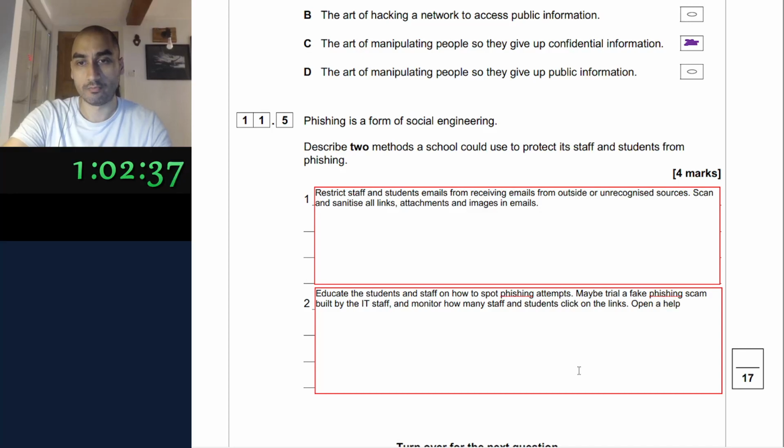Open a helpline that students and staff can forward suspicious emails to. Okay.